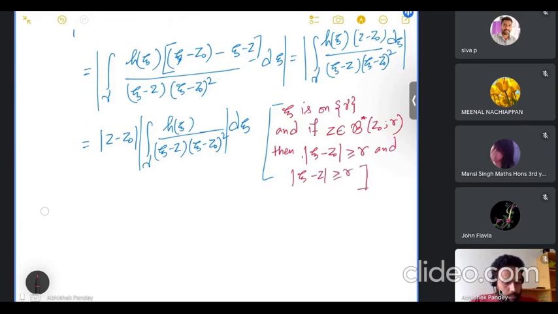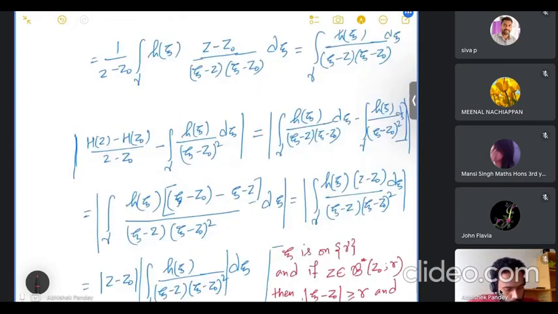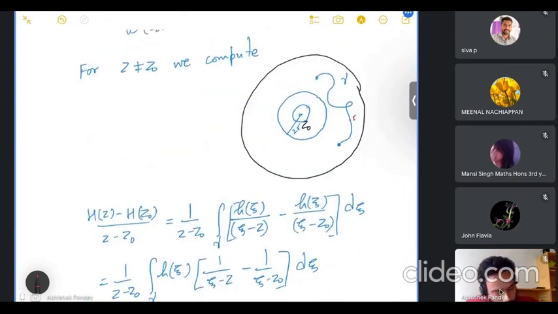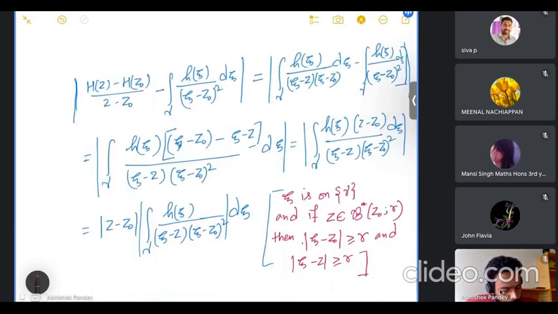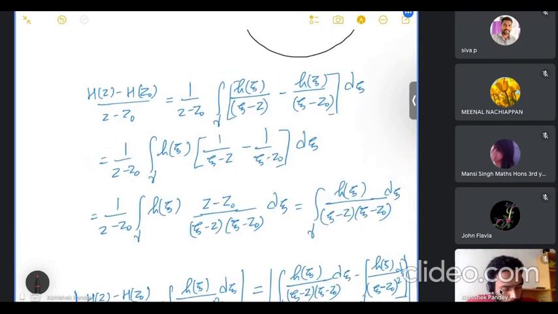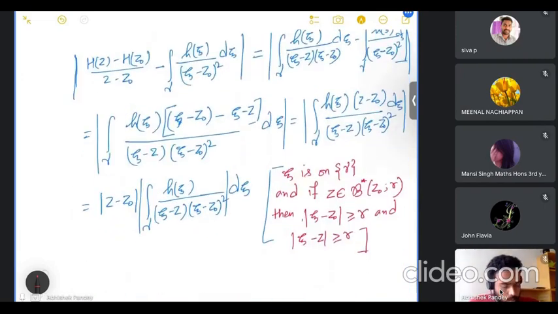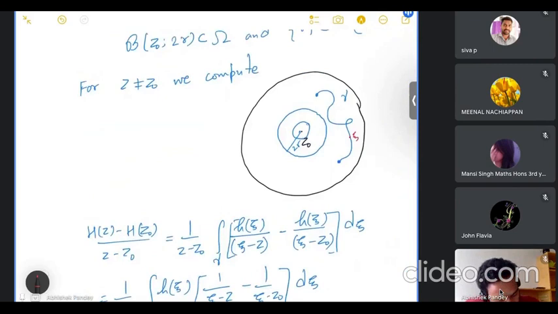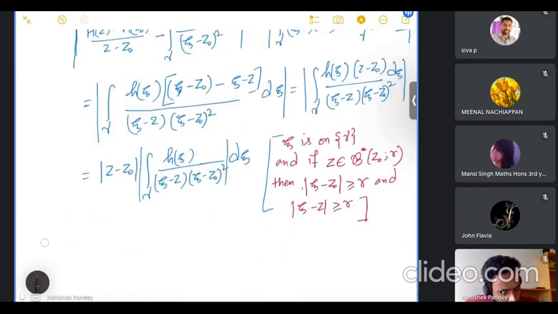Like you can see here, xi is on this gamma, somewhere here, and z belongs to somewhere in this ball of radius r. So this is r, so this is 2r, means this is r. So if z is somewhere here, let us say this is your z, then z minus xi will always be greater than or equal to r. Okay, is it clear?